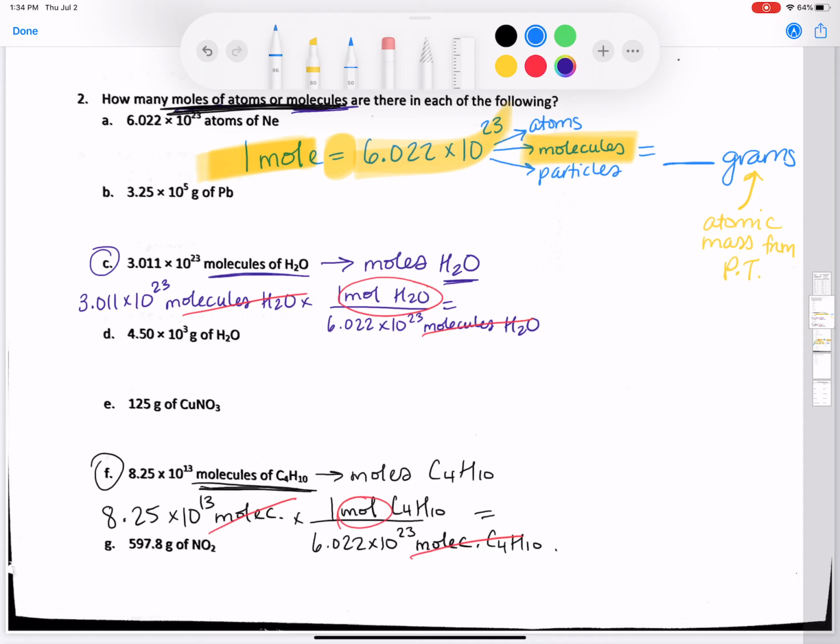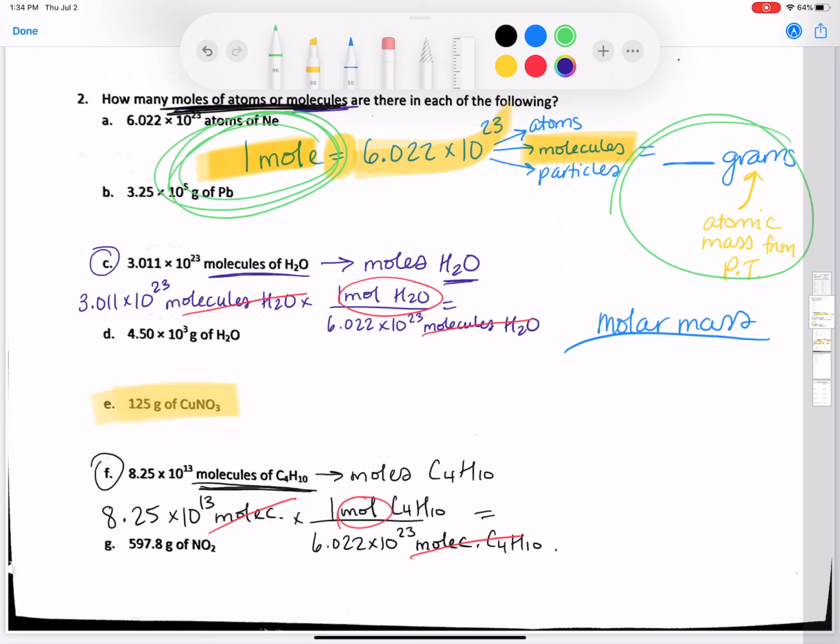E is a little bit different because E is starting with grams, and we're no longer dealing with an individual element, we're dealing with an entire compound, a molecule here. So this is where it's going to be really important for me to have my molar mass. How did I immediately know I needed molar mass? Well, remember, molar mass is your relationship between 1 mole to the grams of the atomic masses from the periodic table.